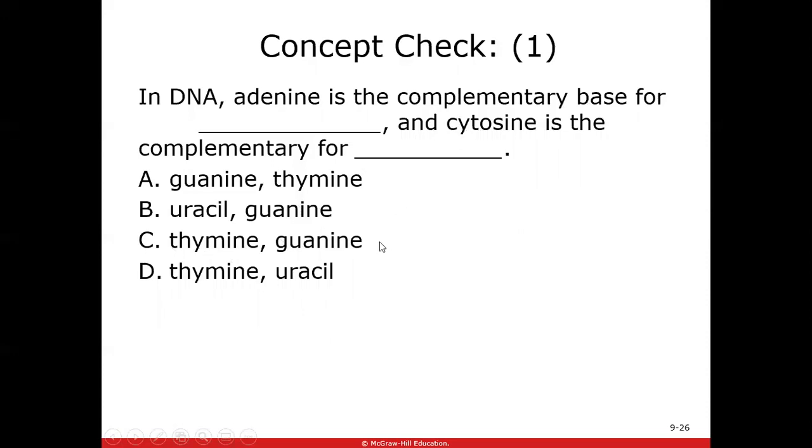I need you to know there are four bases: adenine, thymine, guanine, and cytosine. And I need you to know that adenine pairs with thymine, and cytosine pairs with guanine. Okay.